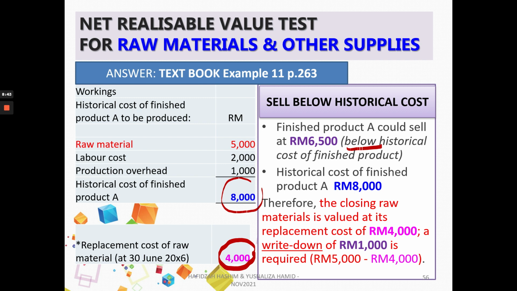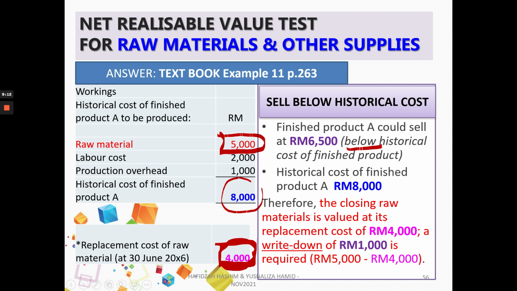As a result, there is a write down that needs to be done, writing down the raw material from 5,000 to 4,000 at replacement cost. So the write down amount is 1,000, and an entry needs to be passed to write down the amount to the statement of profit or loss. Inventories here is the raw material.